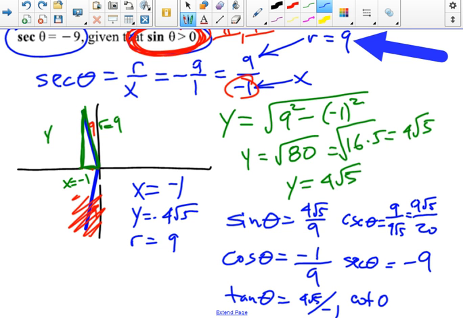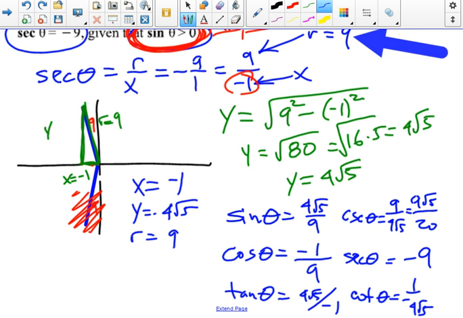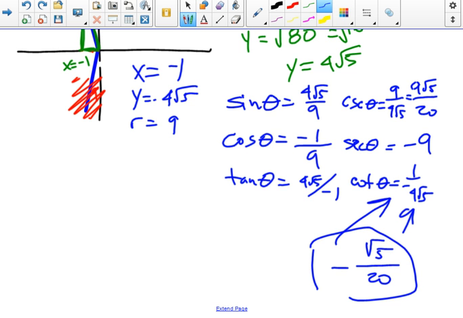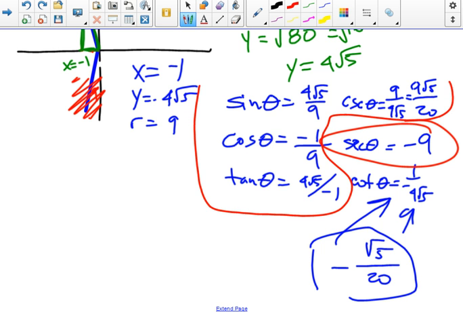And the cotangent is going to be negative 1 over 4 square root of 5. We have to rationalize that, so that's square root of 5 over 20. It's negative, so negative square root of 5 over 20 will be the cotangent. So they gave us this one, and we found the rest of them.